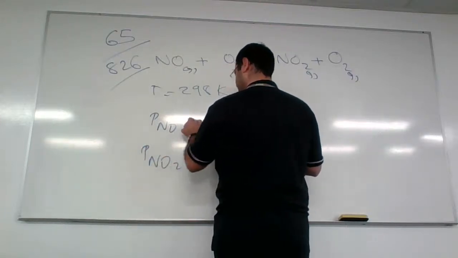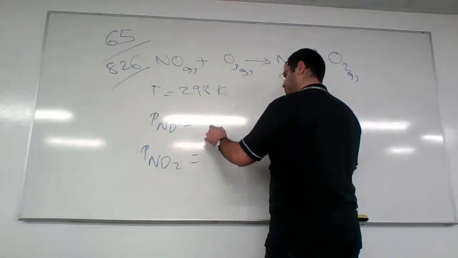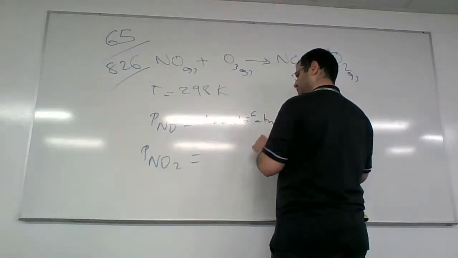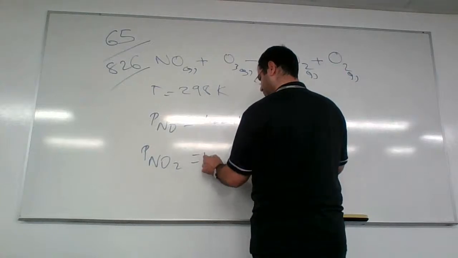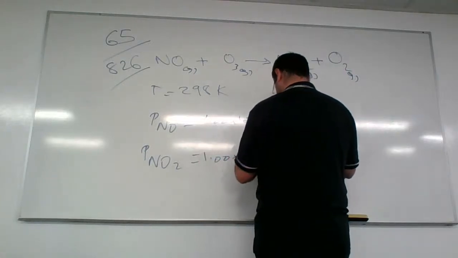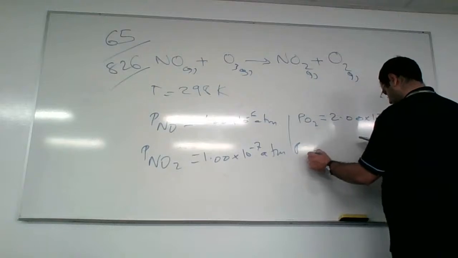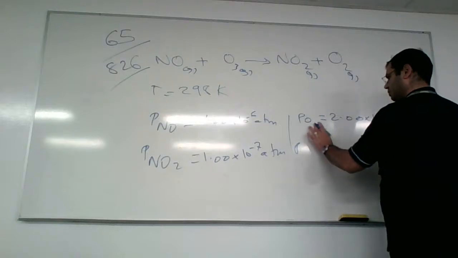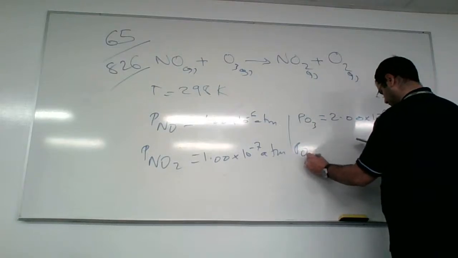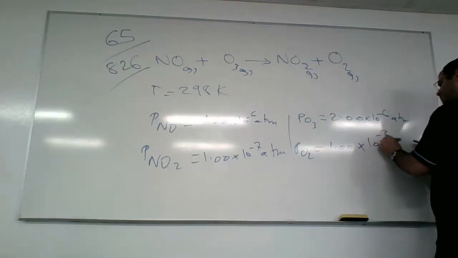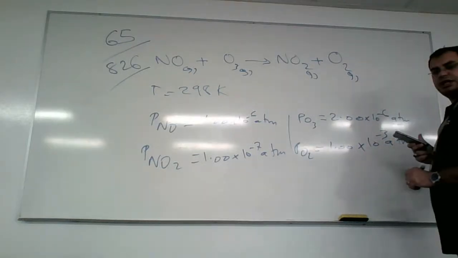It's all given. For this one it is 1.00 times 10 to the power minus 6 atmosphere. For this one it is 1.00 times 10 to the negative 7 atmosphere. It's the pressure of O3. The pressure of O2, guys, is 1.00 times 10 to the negative 3 atmosphere. Okay, guys?